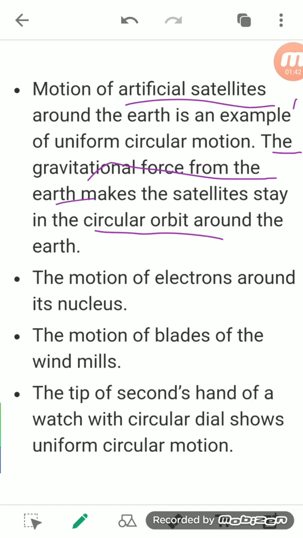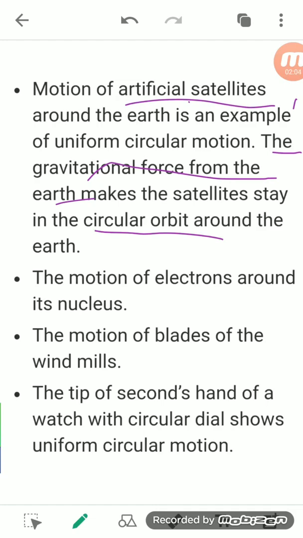We can take another example, a natural satellite. Right now we were talking about the artificial satellite, but the natural satellite of the earth, the moon, also moves in a uniform circular motion around the earth.